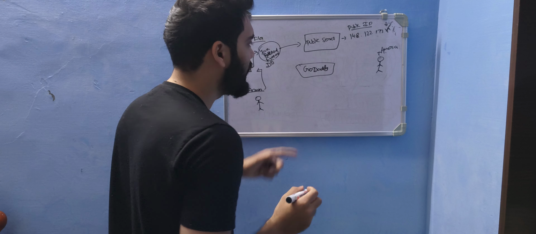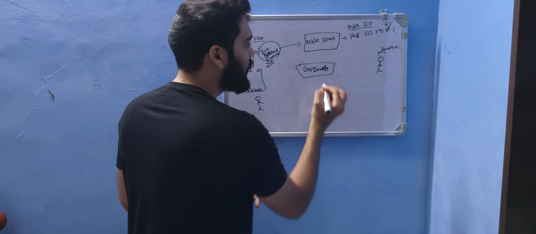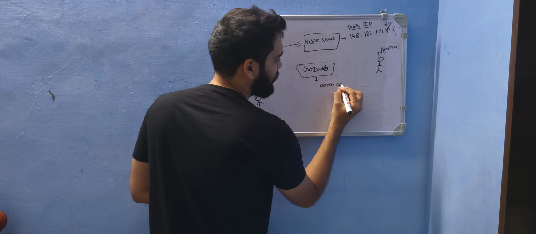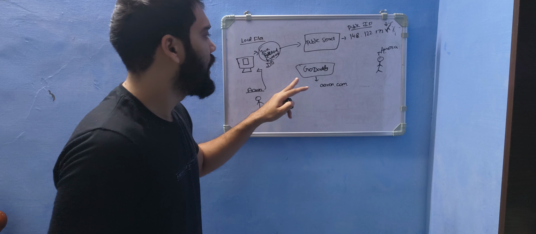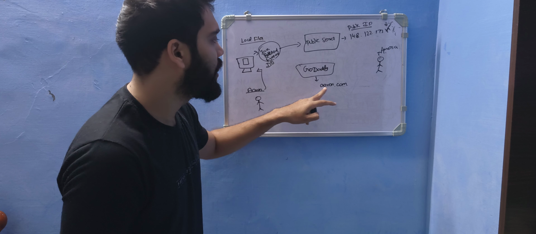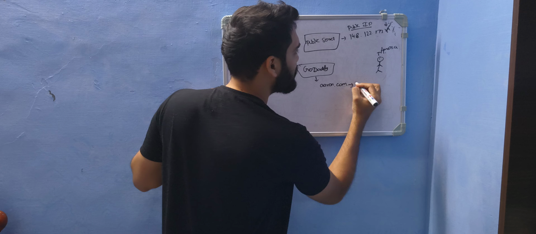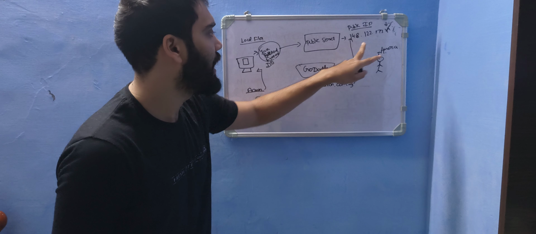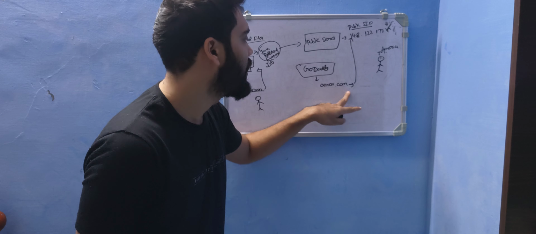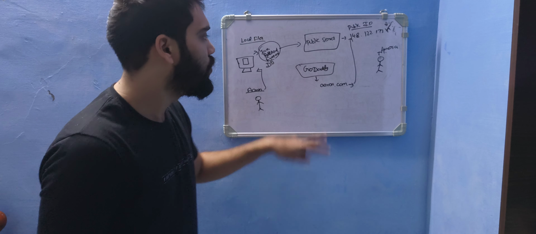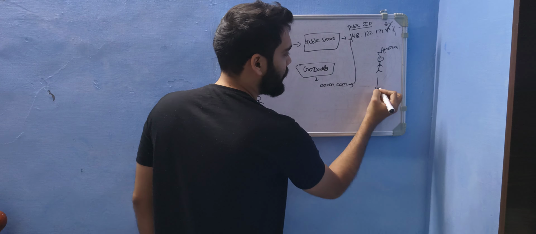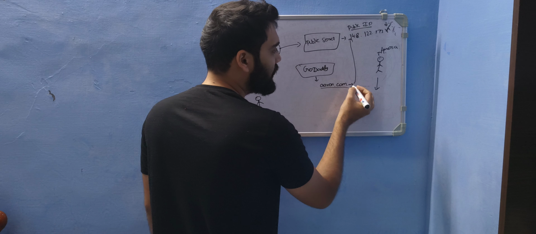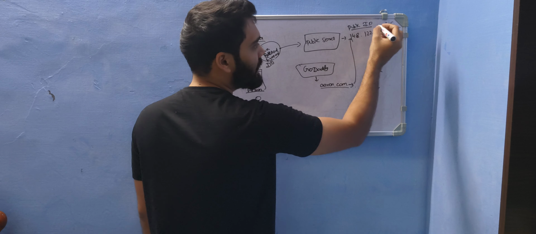I'm asking them to create one domain name for me, let's say aaron.com, for this public server IP. So whenever a person from another end searches aaron.com, it will go straight to the public server IP.